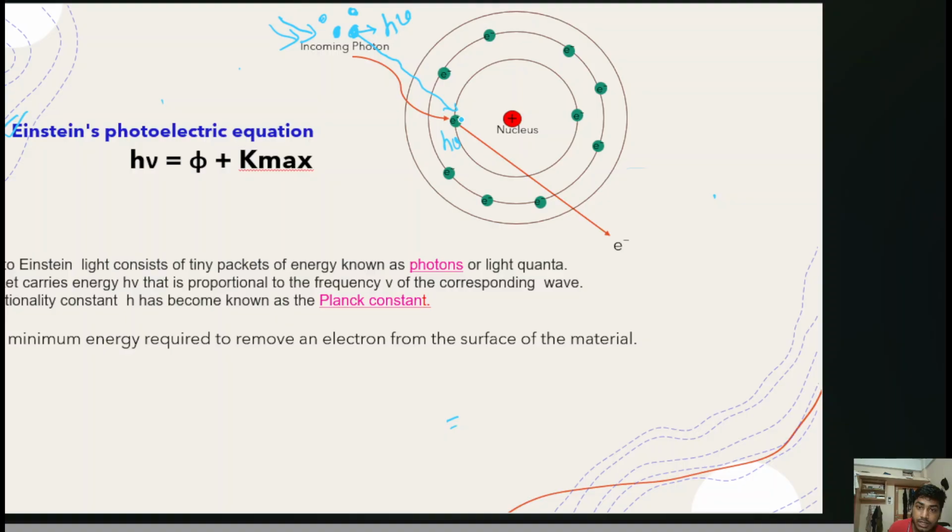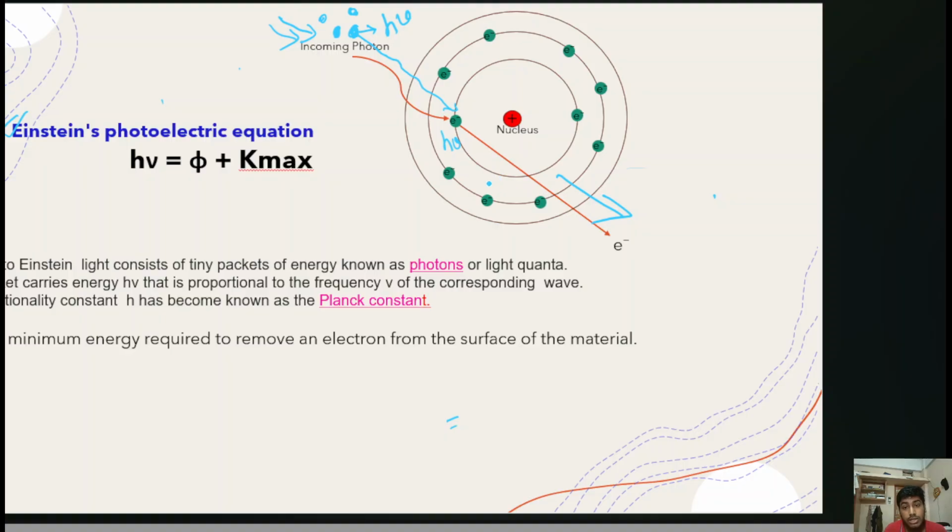If the electron gets sufficient energy, it is ejected from the metal surface. If it doesn't get the minimum energy phi required, it will not be ejected.